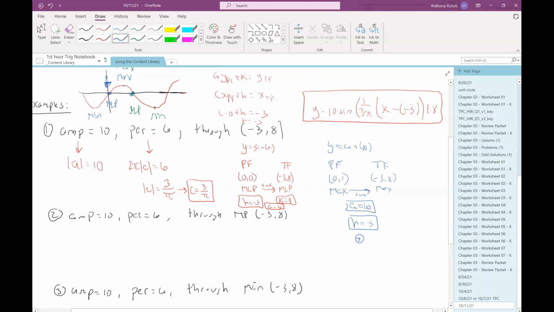So we have to go and solve this equation. So a times the y-coordinate from the parent function plus k has to give us the y-coordinate from the transform function. So 10 times 1 plus k has to equal 8. So if I subtract 10 from both sides, k has to be negative 2.